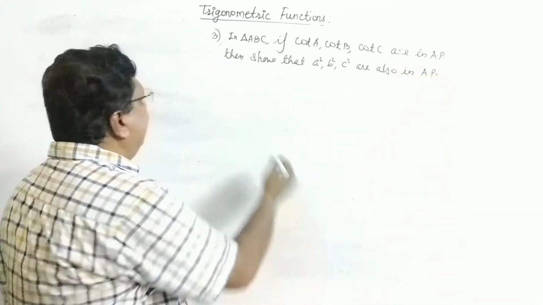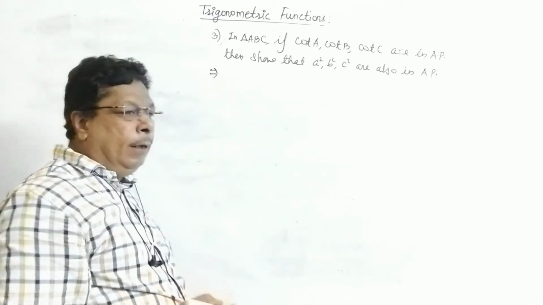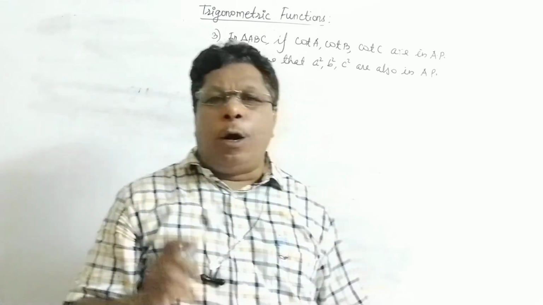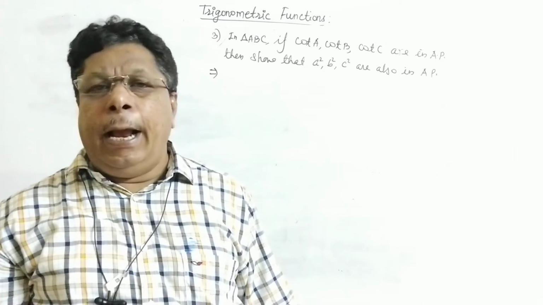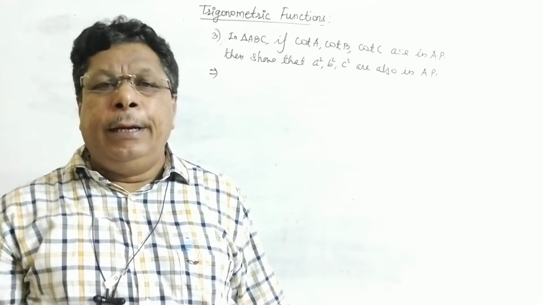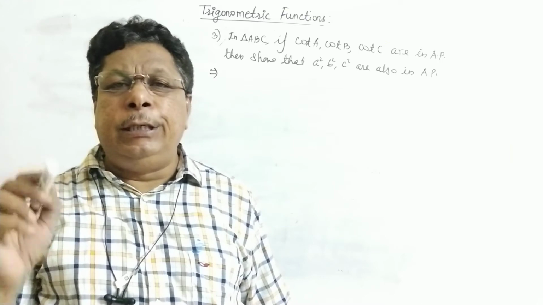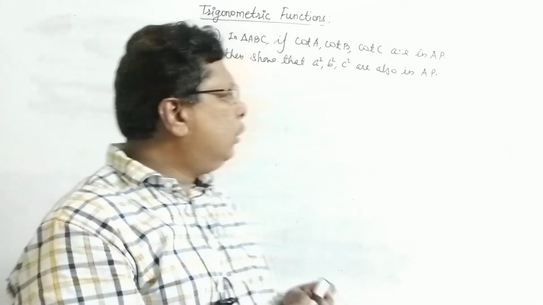So what is given? Given that cot A, cot B, cot C are in arithmetic progression, and we have to prove that A square, B square, C square are in arithmetic progression.